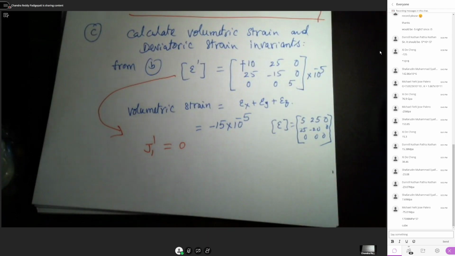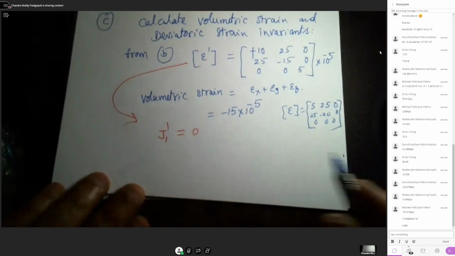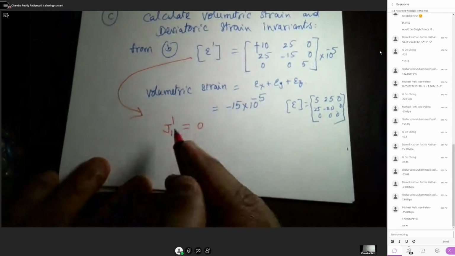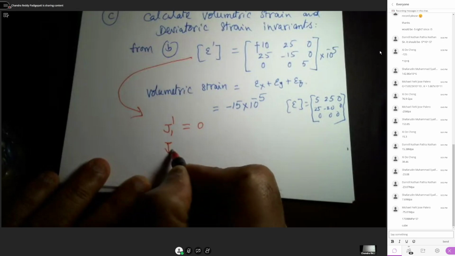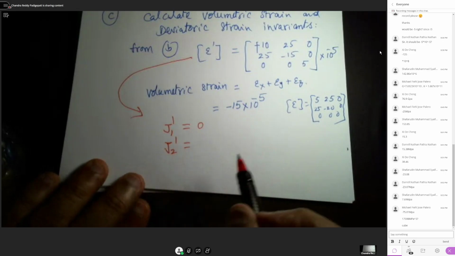Then you can calculate the second deviatoric invariant, J2 dash.